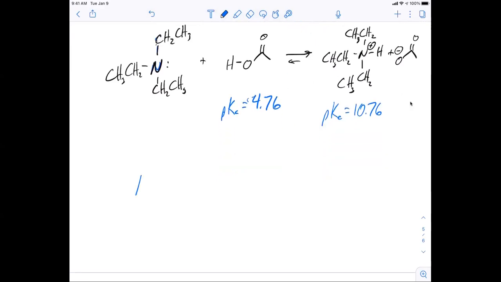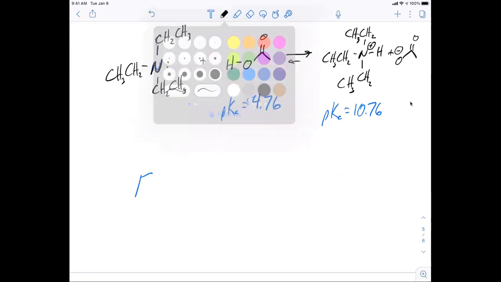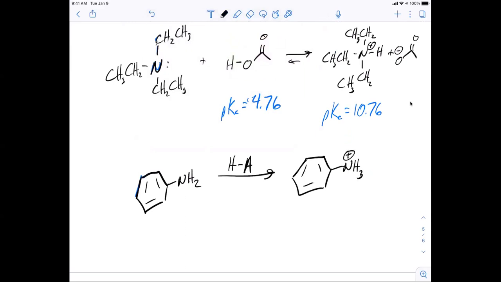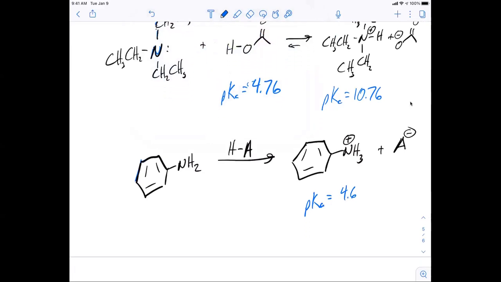The other areas that you want to watch for is the pKa of our anilines. So again, if we pick up a proton, okay, this has a pKa of 4.6, right?